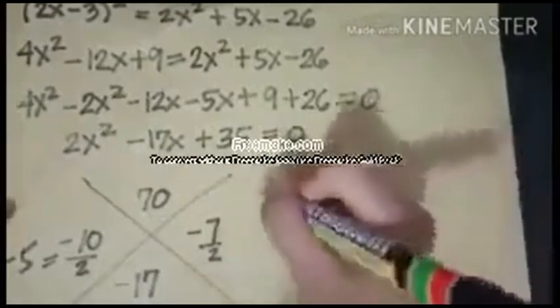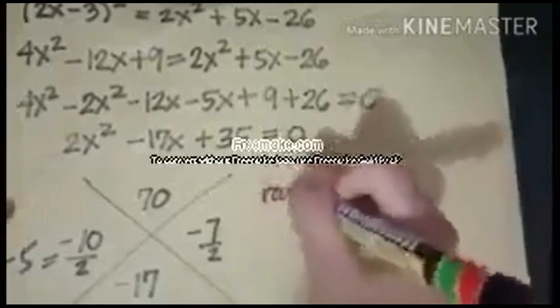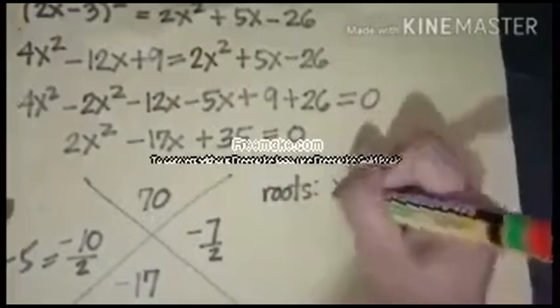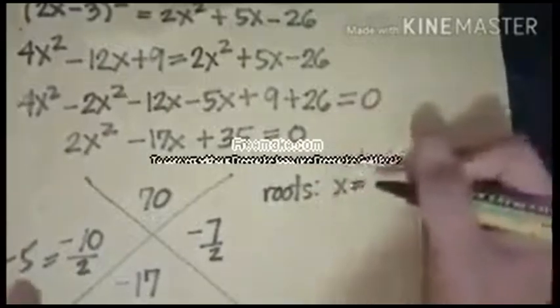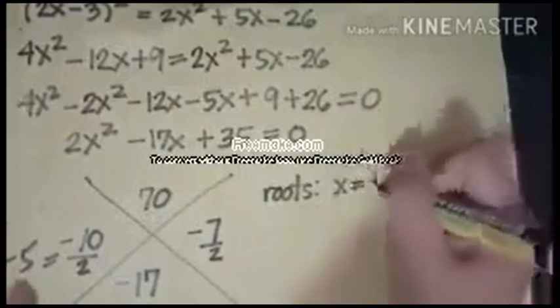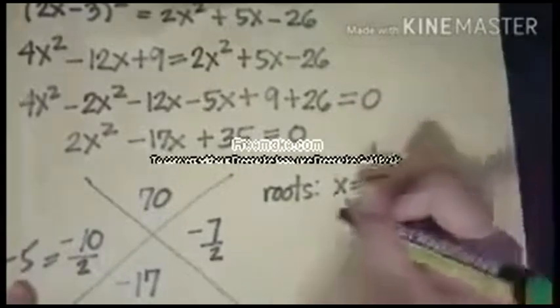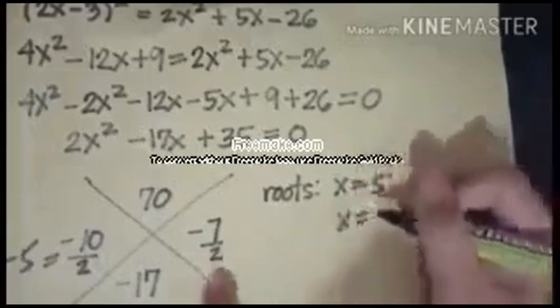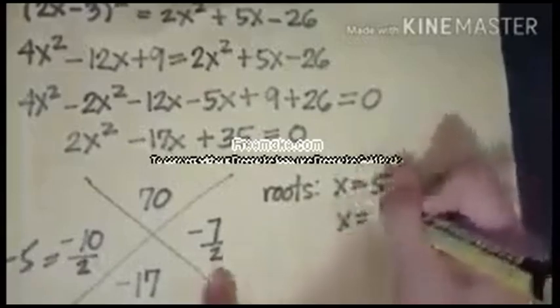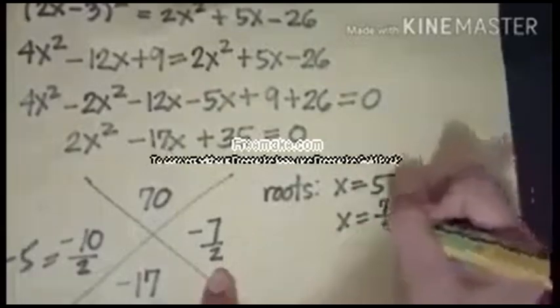So, therefore, the roots would be x is equal to, take the opposite of negative 5, so we have positive 5. And x is equal to the opposite of negative 7 over 2. So, therefore, we have positive 7 over 2.